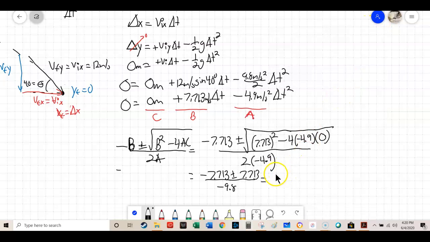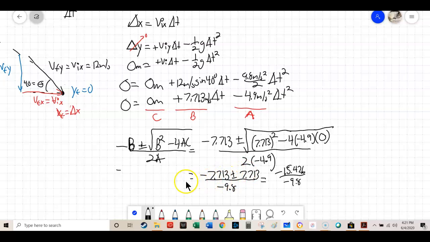So the negative version of this will be negative 15.426 over negative 9.8. If you add this to it, well, this is 0, and 0 over negative 9.8 is just 0.